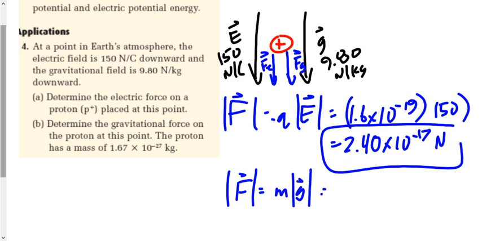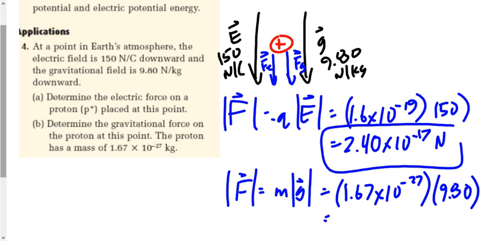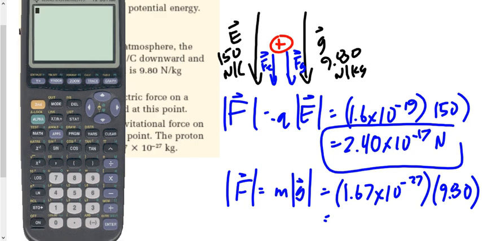So it's 1.67 times 10 to the minus 27 kilograms times 9.80. Usually it's 9.81. It's okay. 1.67 times 10 to the minus 27 times 9.8 gives me a value of 1.63 or 1.64 times 10 to the minus 26.